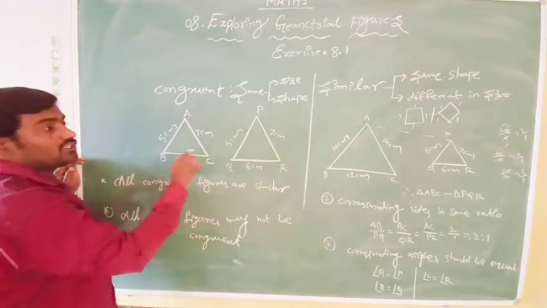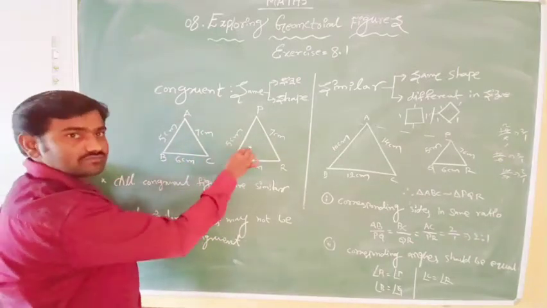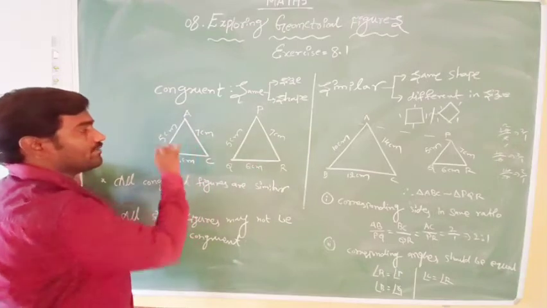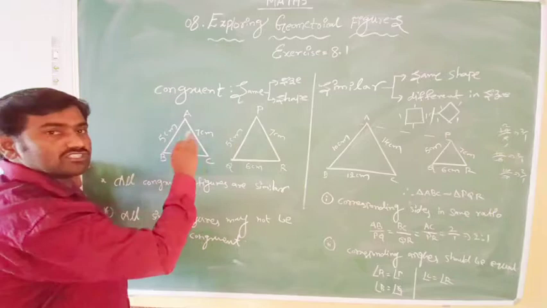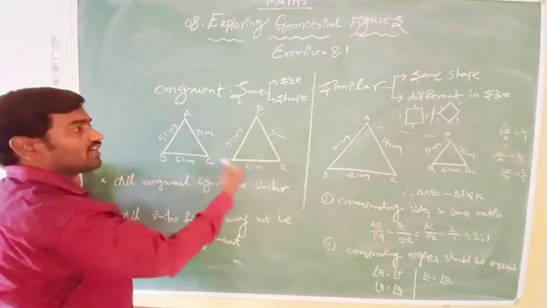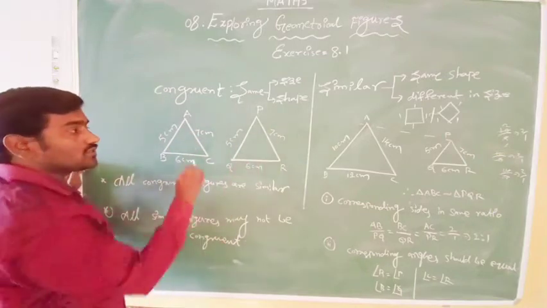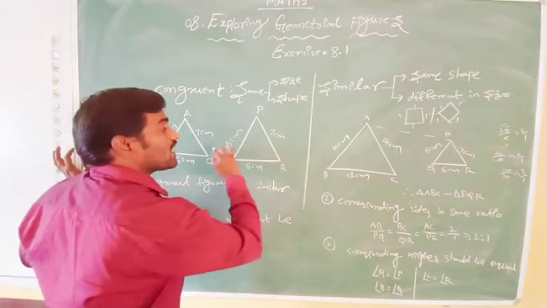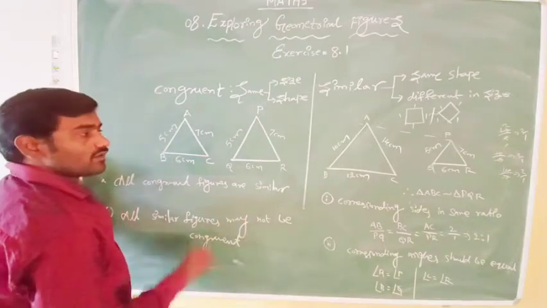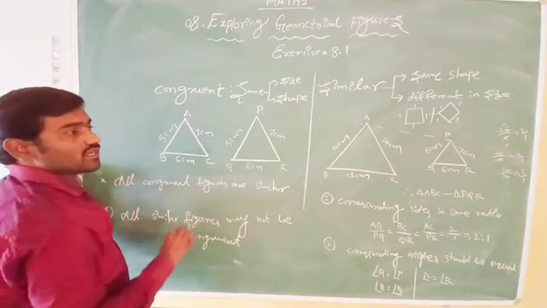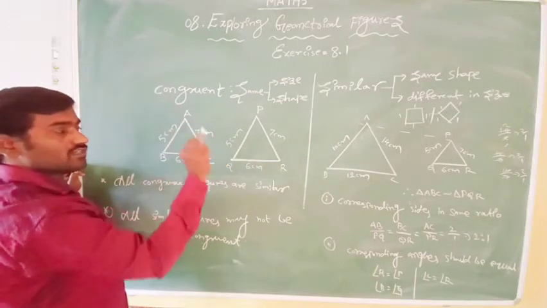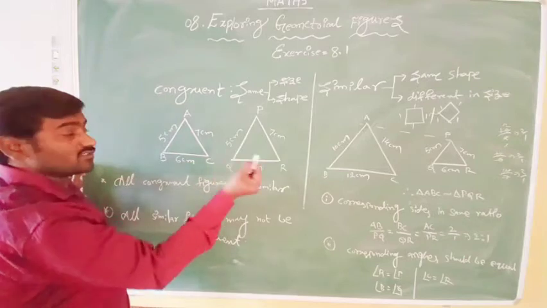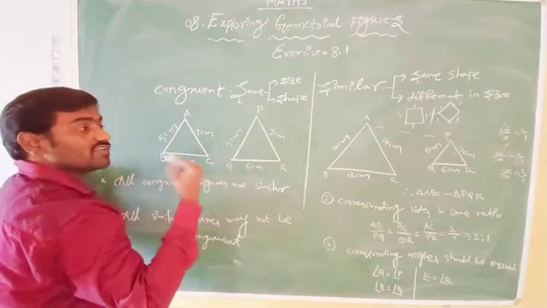So let's take these two congruent figures. Yes, triangle ABC is congruent to triangle PQR because they have the same shape and same size, because the lengths of the sides are equal. So we can also say these two triangles are similar, because we need to see the corresponding sides. 5 by 5 gives us 1:1, 6 by 6 gives us 1:1, 7 by 7 gives us 1:1.